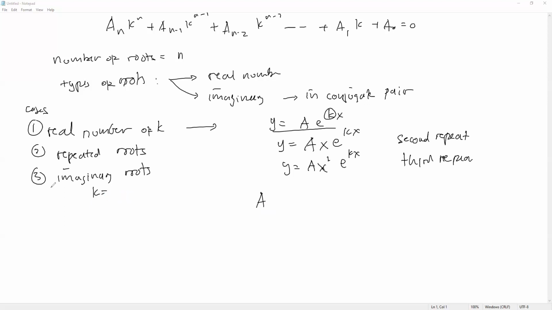I'm going to write it as r cis theta. Now in this case, they'll always be in the form of r cis theta.